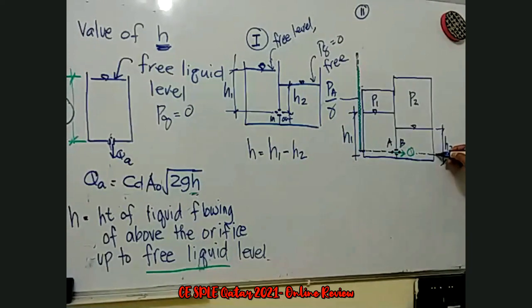Kung magbubutas ako dito, tataas yung tubig. Okay? Yung itataas ng tubig, of course, magdedepende sa amount of pressure. So, may liquid yan. So, malamang ito hanggang dito siya. Yan, di ba? And this level, do you agree that this is PB over gamma?